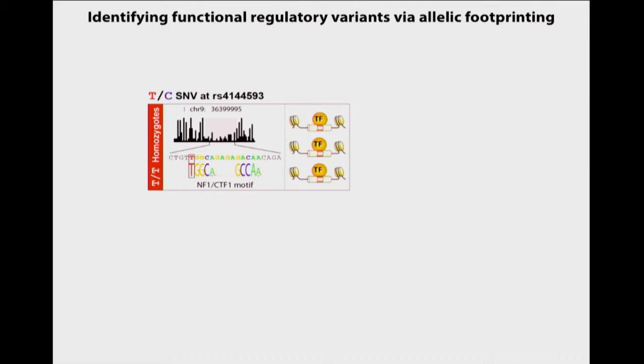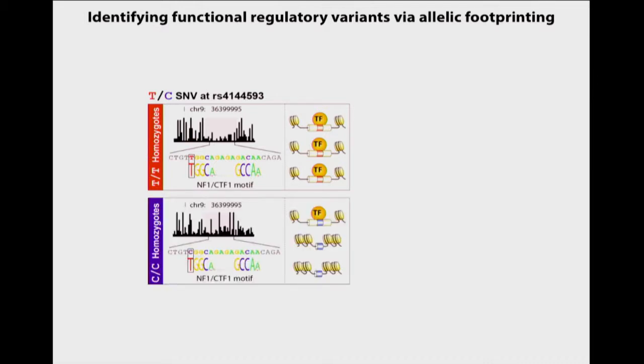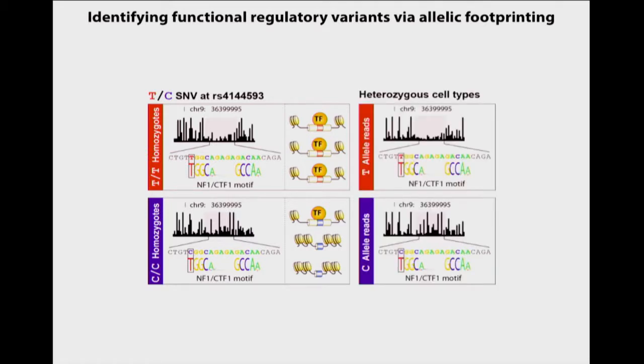Here's a T homozygote, and when we change this to a C homozygote, suddenly the occupancy has been affected. Now you're getting cleavages in here as well. Then you can look at the heterozygous versions. In the het cells, you can separate the reads coming from the T allele, which look like this, and from the C allele, which look like that.